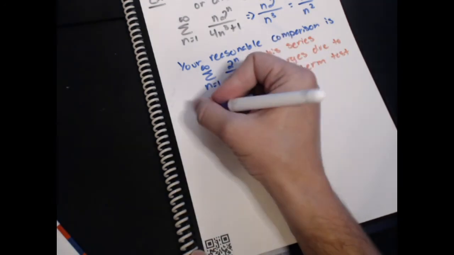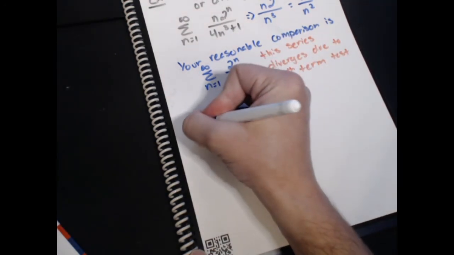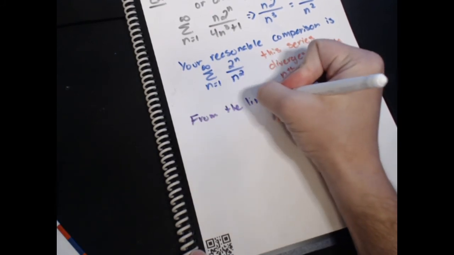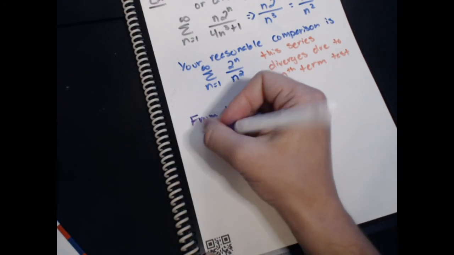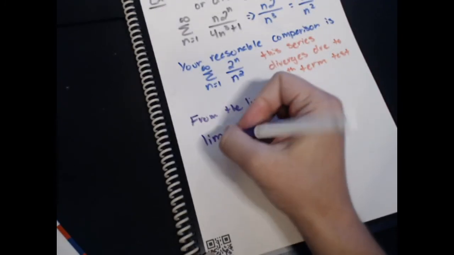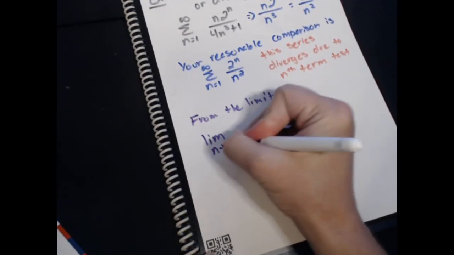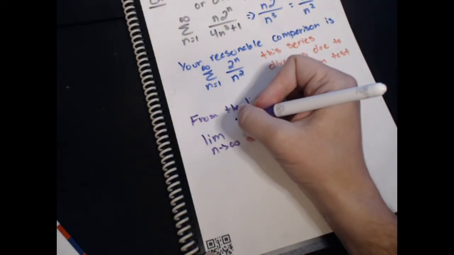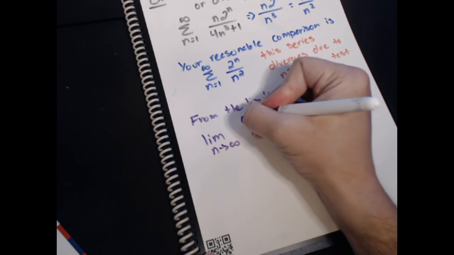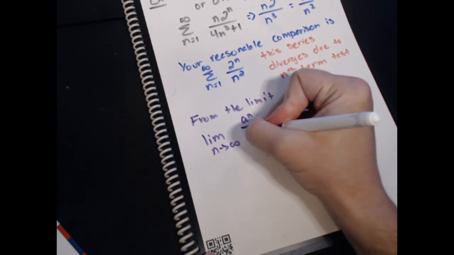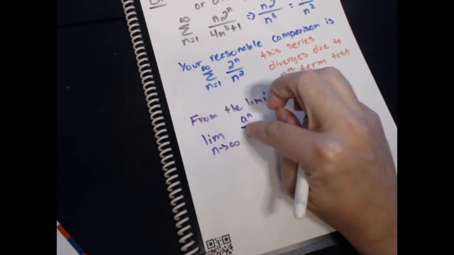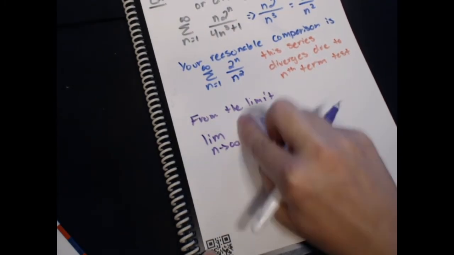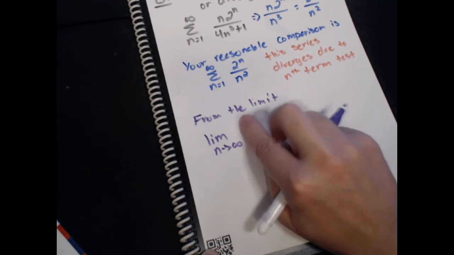Okay, and we get that from the limit. And you do the limit as n approaches infinity of a sub n over b sub n. Oops, it's supposed to be b sub n. All right, I get it.